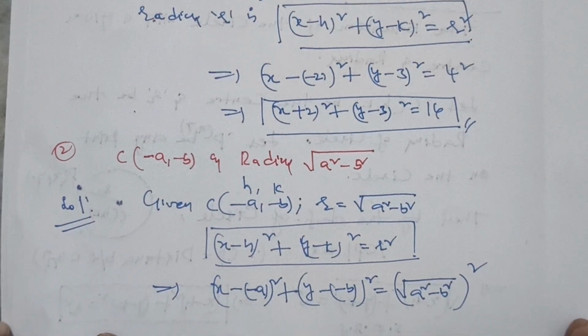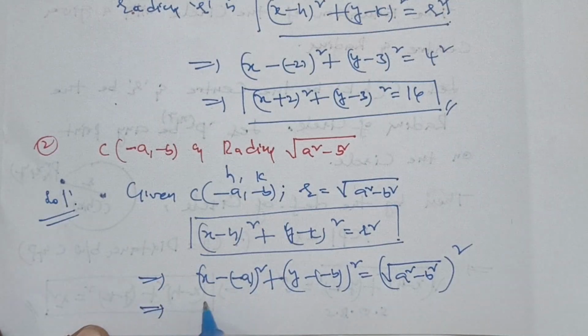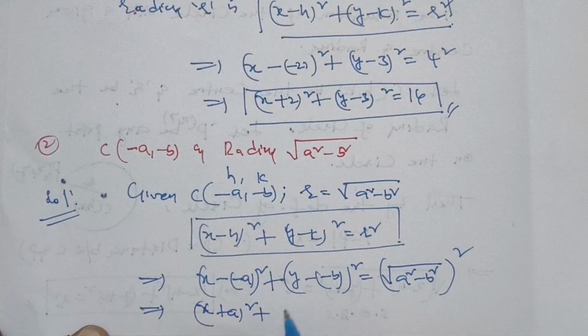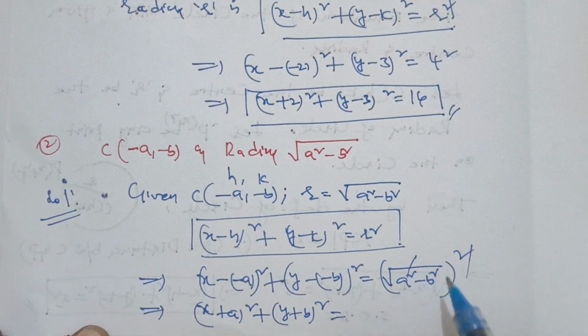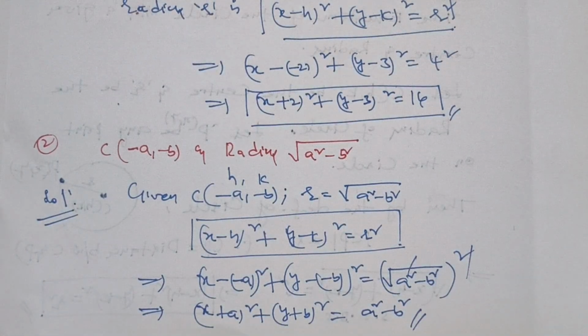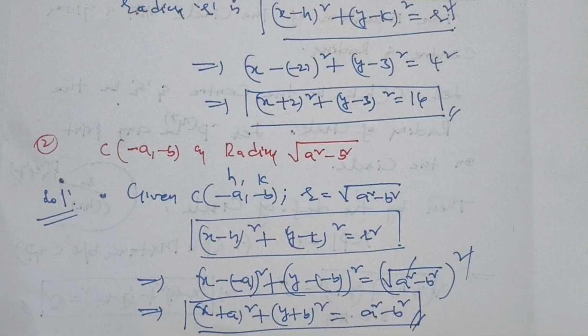So by simplifying this, it would be x plus a whole square plus y plus b whole square is equal to a square minus b square, since the square and square root cancel. So this is the required circle equation with the given center and radius.